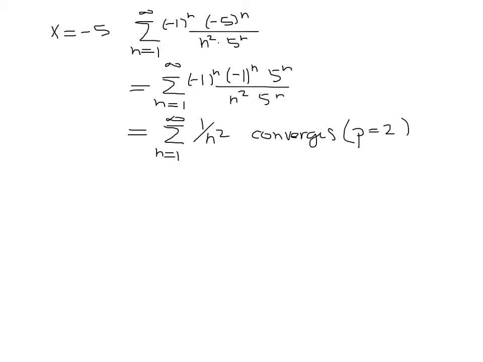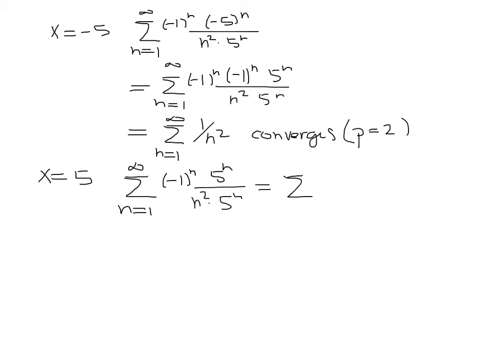So at x equals -5 we have convergence, and at x equals 5, when we input 5, we get the sum from n equals 1 to infinity, -1 to the n, 5 to the n, over n squared times 5 to the n, which is just -1 to the n over n squared, which also converges by the alternating series test.